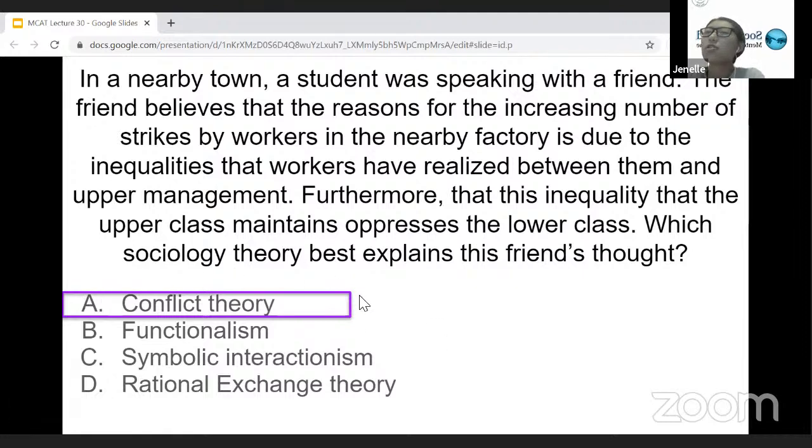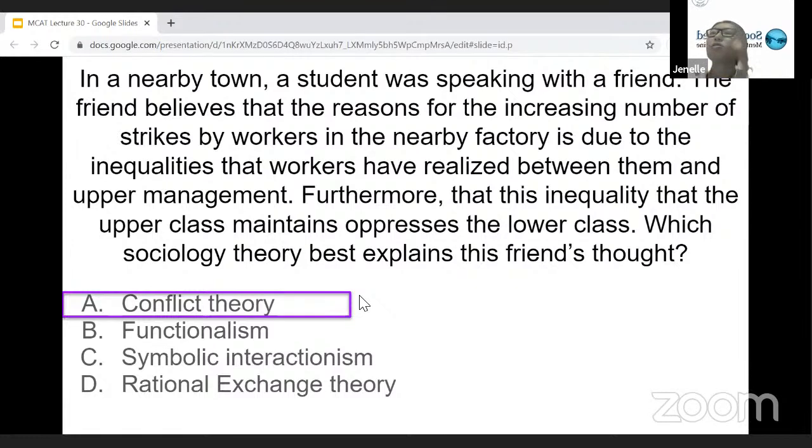And just so you know, for the most part, the MCAT will focus on the theories that I mentioned in this PowerPoint slide. Those are the ones that are most popularly tested on. I would say really know these well, and also really know the people who developed these theories, because sometimes they might ask a question where they give a situation and ask, what would the theory associated with Durkheim lead to as a conclusion?